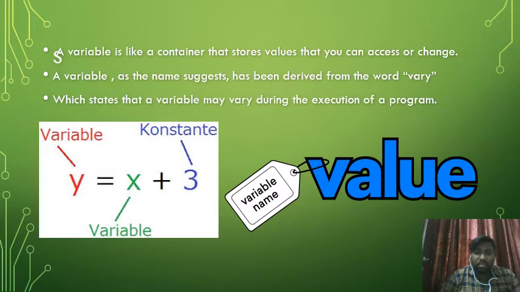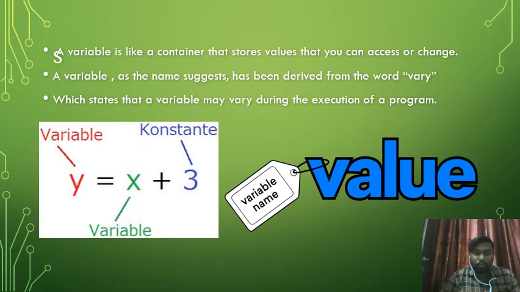A variable, as the name suggests, has been derived from the word vary. Vary means different, which states that a variable may vary during the execution of a program. For example, see, two pictures are given here. The y is a variable. It is going to store x plus 3.